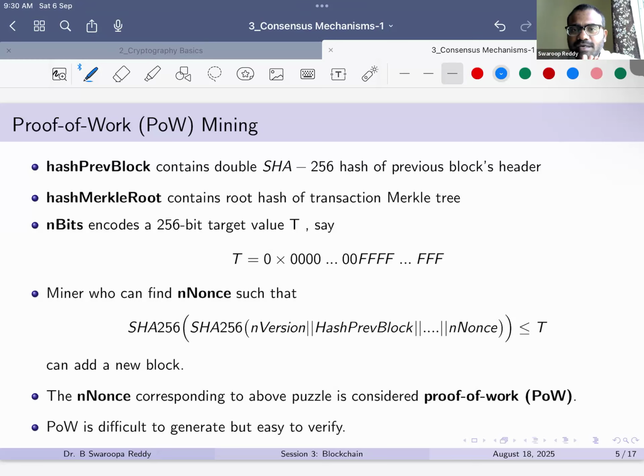We will store this database on our own computer. Each one of us will store all these blocks' data on our own computer, so each computer will become one node.